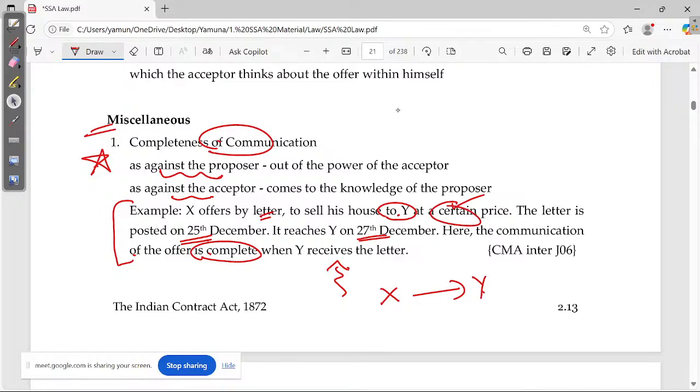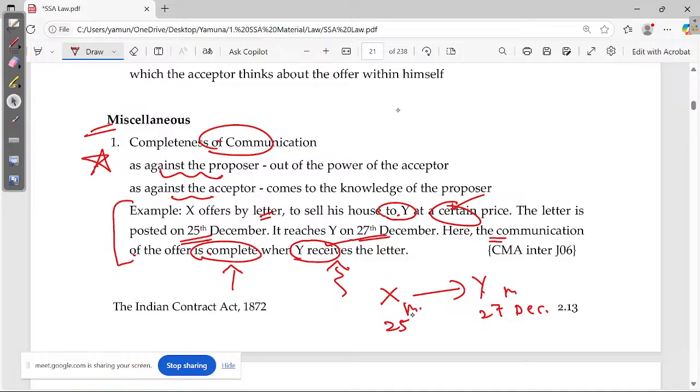So there is certainty and all. The letter is posted, who is posting? X. Posted on 25th and reaches on 27th December to Y.